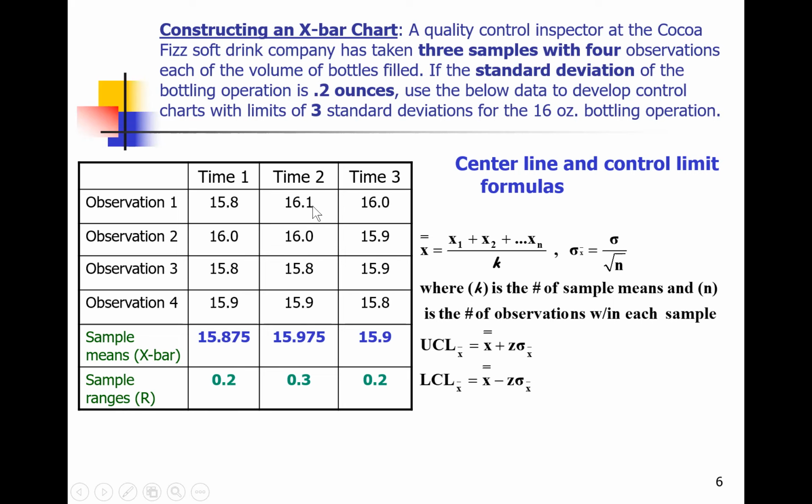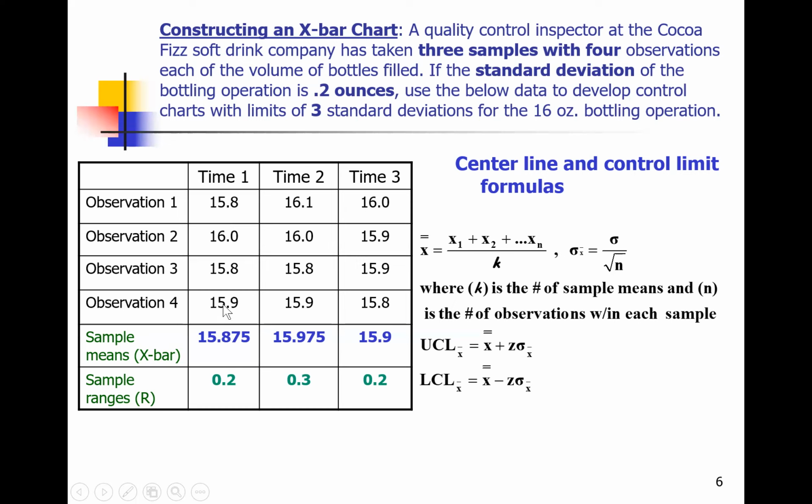For sample 2, the highest value is 16.1 and the lowest value is 15.8, so 0.3 range. In sample 4, the highest value is 16 and the lowest value is 15.8. That means 0.2. So we have developed X bar here, using the simple mean: the sum of these 4 components divided by 4.